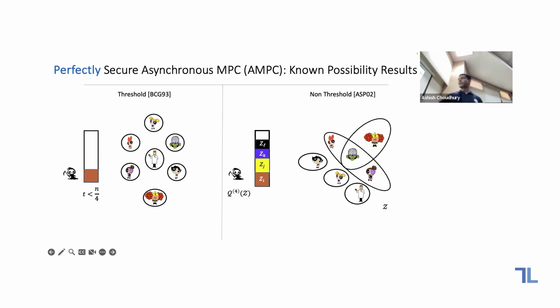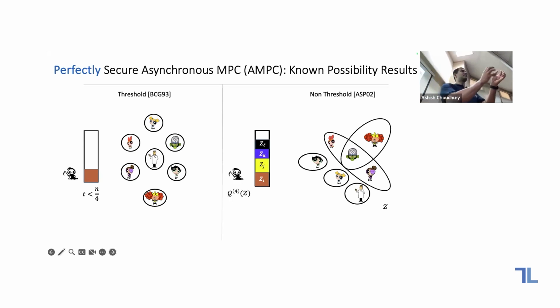Now, what is this Q4 condition? The Q4 condition means that if you take any 4 subsets from the adversary structure, their union should not cover the entire set of parties. So this is a generalization of the t < n/4 condition. If you visualize the t < n/4 condition, what does it state?